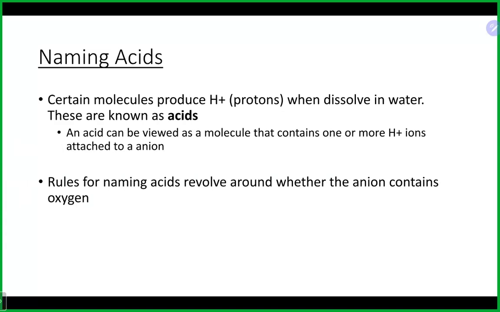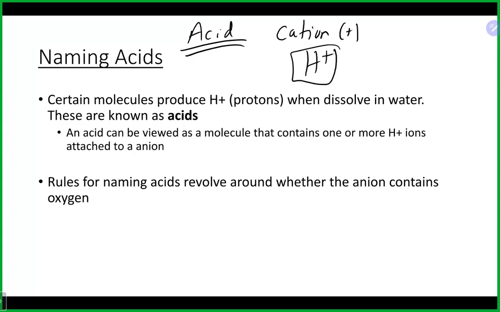Acids are a couple of things. First off, because the definition is the ability to release H plus into solution, the cation, the positive ion, for all acids is H plus. So that is your positive ion when you're writing the formula of an acid.